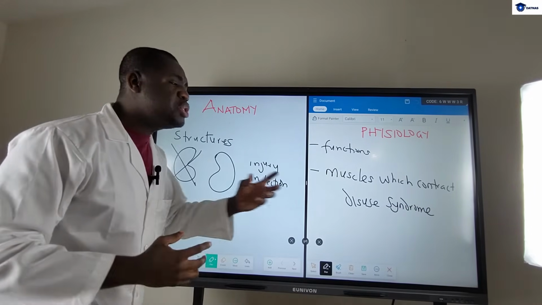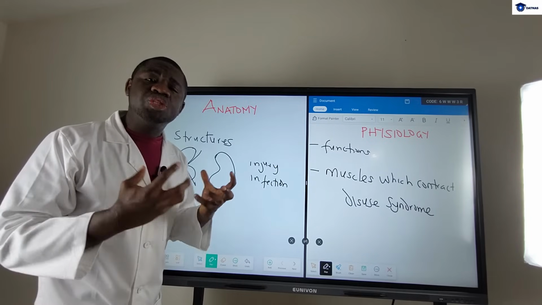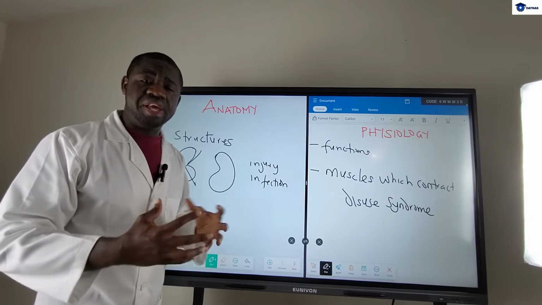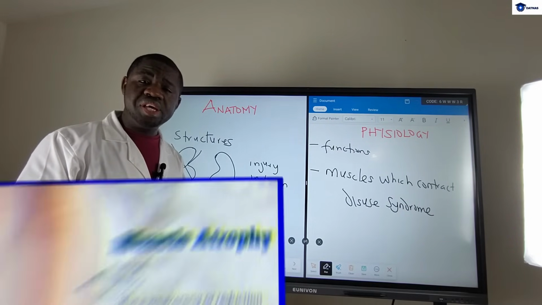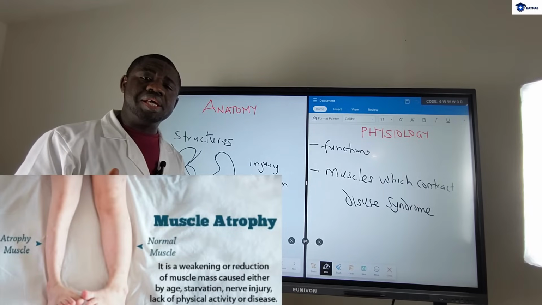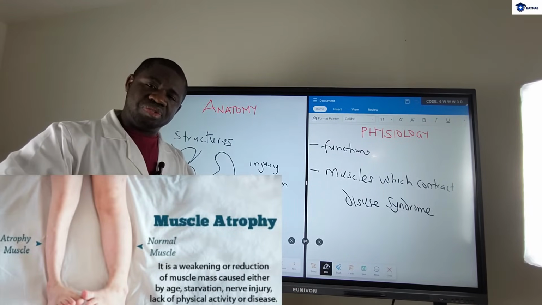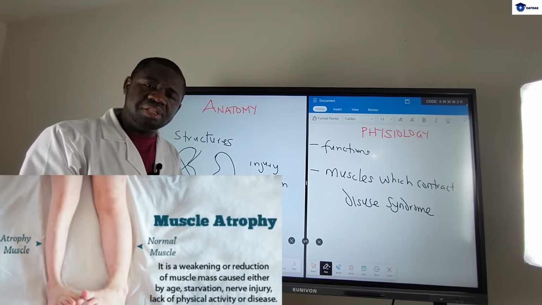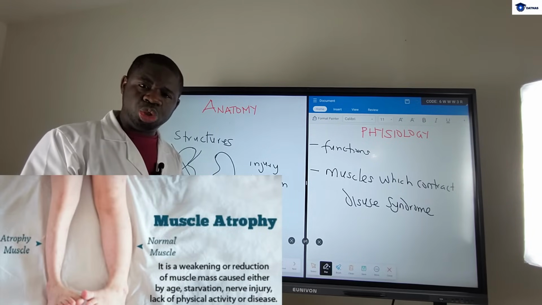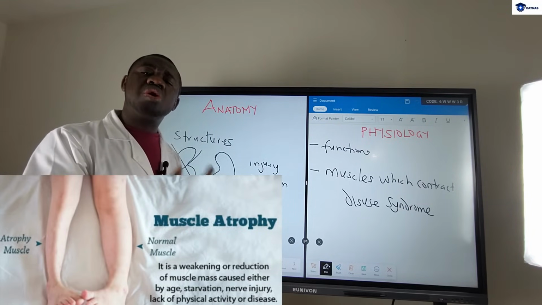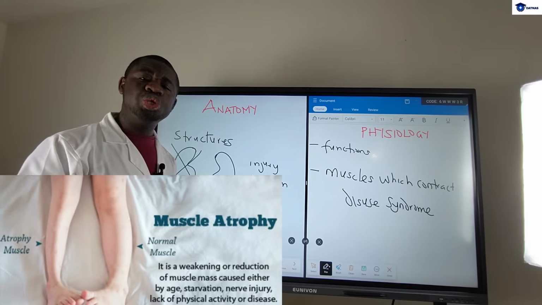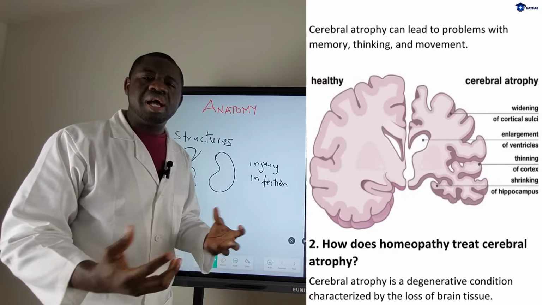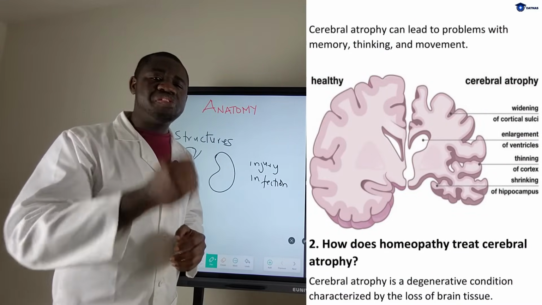This disuse syndrome can lead to atrophy. Atrophy is the decrease in the size of a particular organ or structure in the body as a result of decline in use. You could have heard about cerebral atrophy.